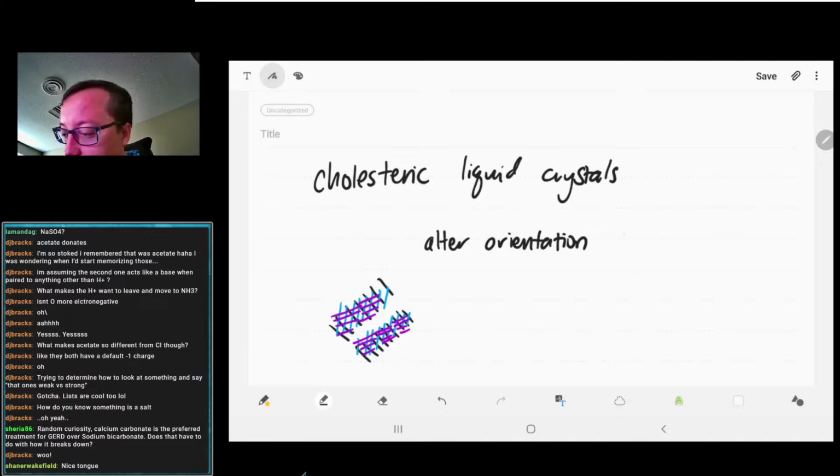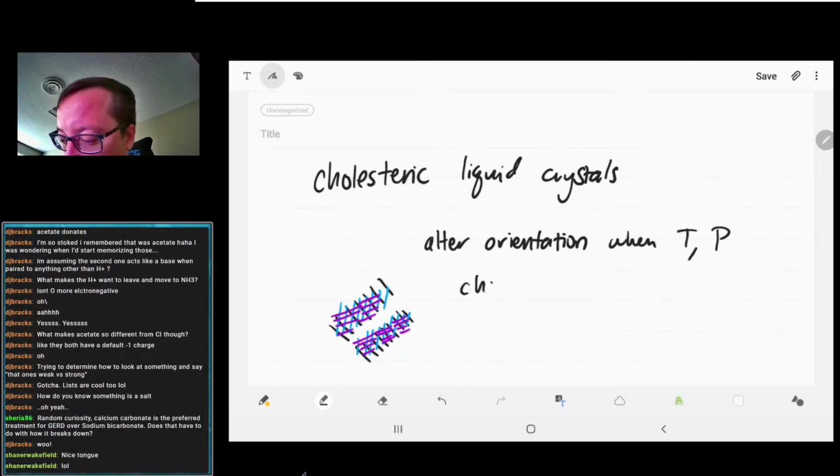So these alter their orientation when the temperature and pressure change. And so we can take advantage of these crystals to use them in things like televisions or monitors, where we can have a slight temperature change that alters the directions they're facing, and that'll change the light patterns coming out of there.